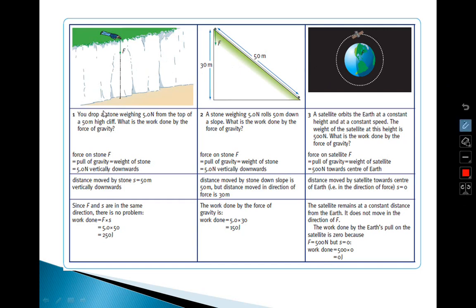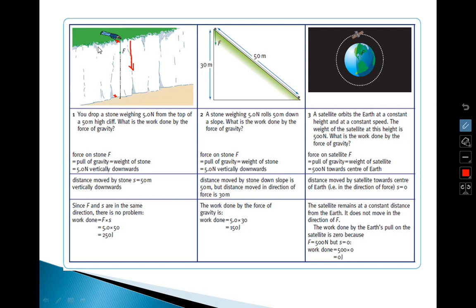So in the first example, number 1, you are going to drop a stone with weight 5 Newton. The stone falls from the top here down to the bottom, from this point to this point. So the force is vertical in this direction.